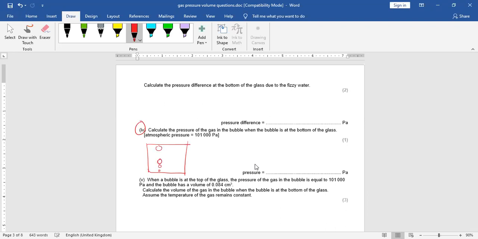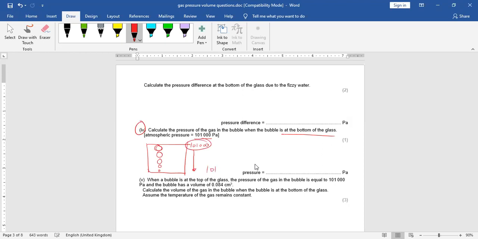Just like this. It's because here, at depth, the pressure is greater. So if you have atmospheric pressure around here, the pressure of the bubble at the bottom of the glass is much larger than this.